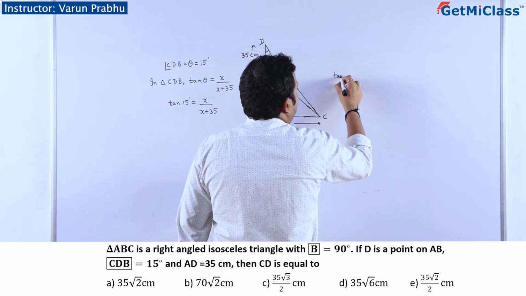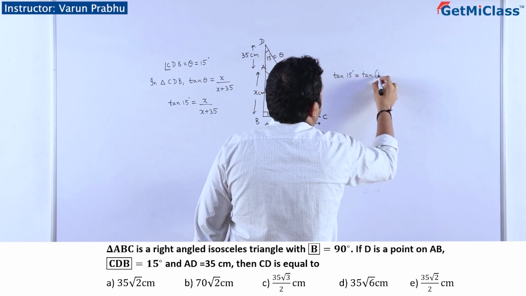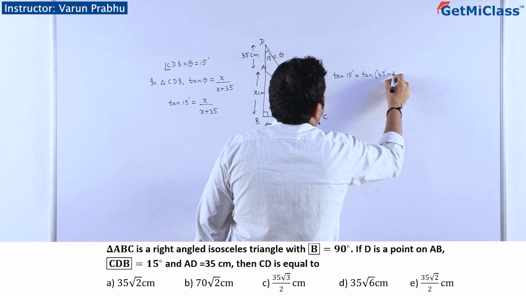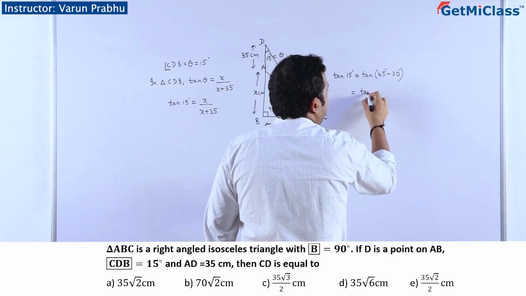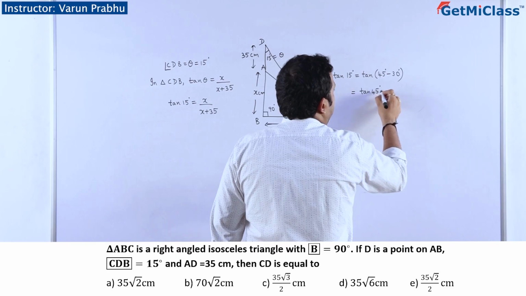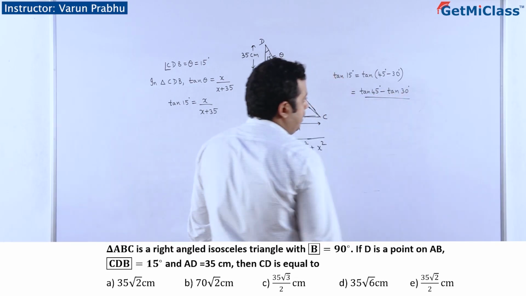So I can write tan of 15 degrees as tan of 45 degrees minus 30 degrees. What is the formula for tan of A minus B? The formula should be there in the mind, and substitution should be made in the paper.